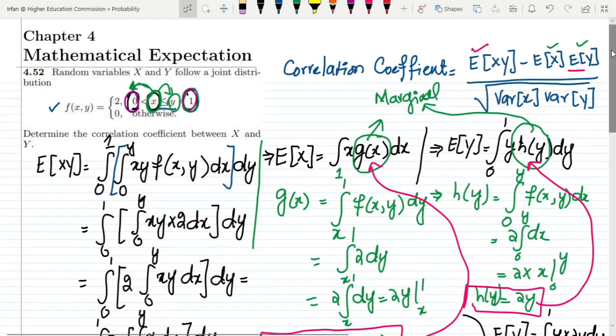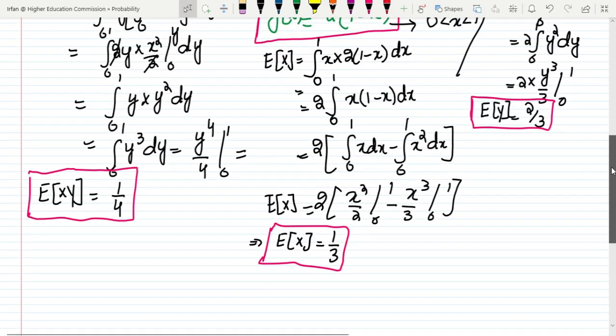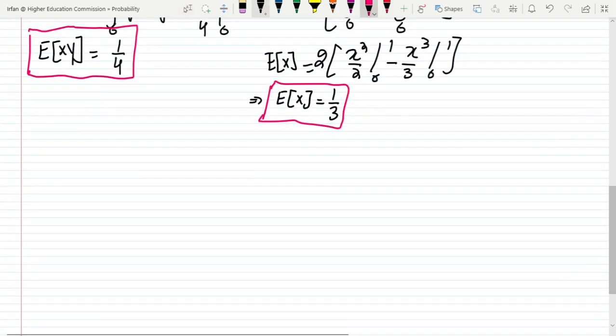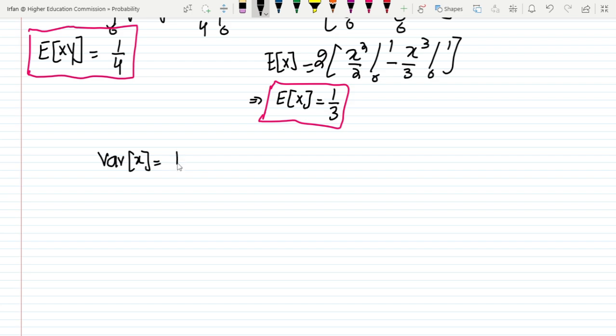Similarly, the remaining values here are the variance of x and the variance of y. In previous questions, we have clearly seen the formula for finding the variance. This was basically the expected value of x squared minus the expected value of x, whole squared.